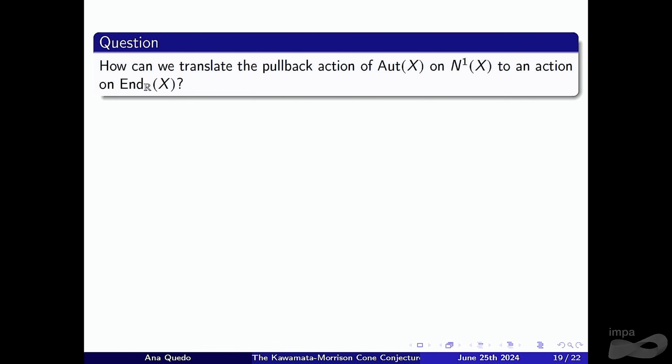But moreover, we are interested in the action of the automorphism group on the N1. And how can we do that, looking at the endomorphism algebra? There is something like an alpha that makes this diagram commute.